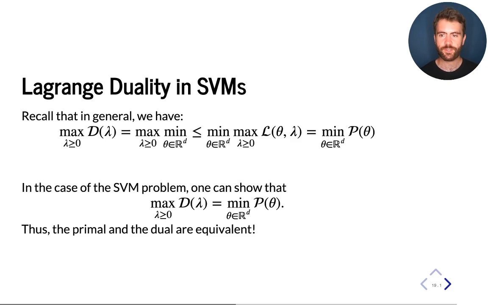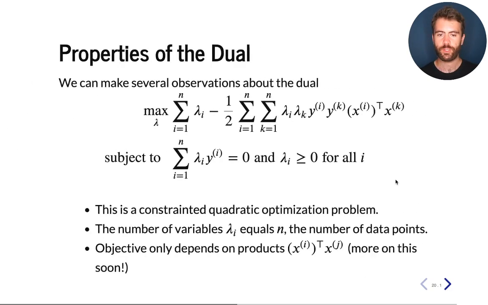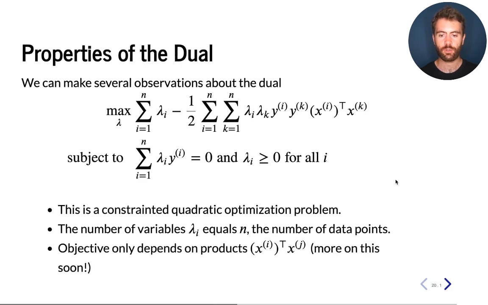And so this is one of these cases where these two problems are actually equivalent, which means that the dual of the SVM is something that we can use to formulate our problem.